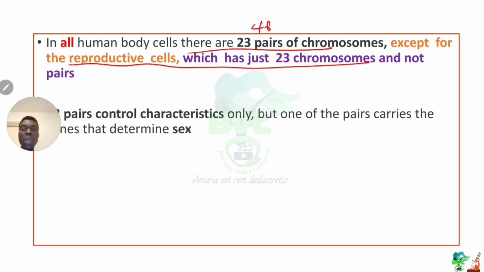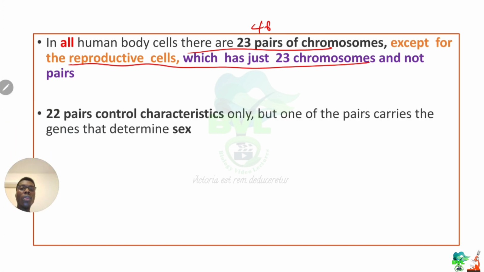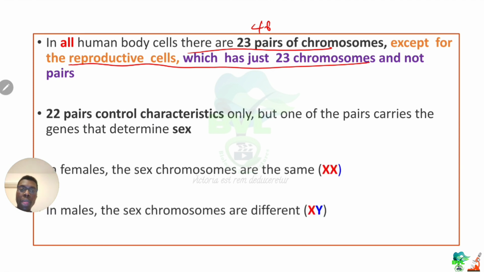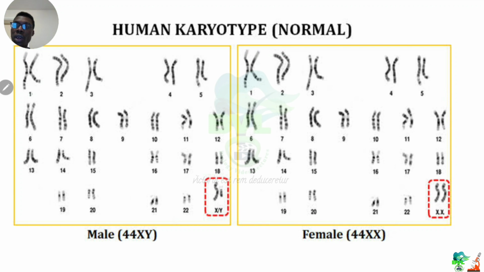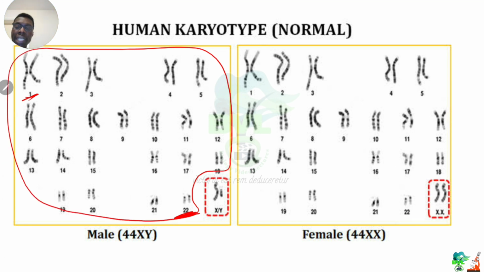Now, I'm going somewhere with this. I want to draw something here. You have 46 chromosomes. So we have from 1 till 22, all of these are called autosomes, all right?